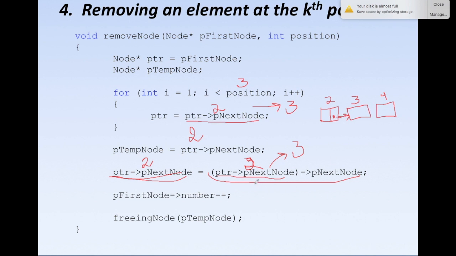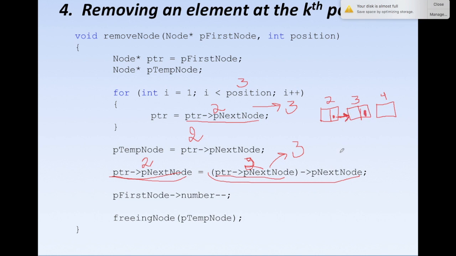I want to set it equal to, pay attention, ptr.p_next_node, which means this node.p_next_node. So I want to set it equal to this pointer, because ptr.p_next_node is this pointer to 3. If I did this pointer.p_next_node, that's this value.